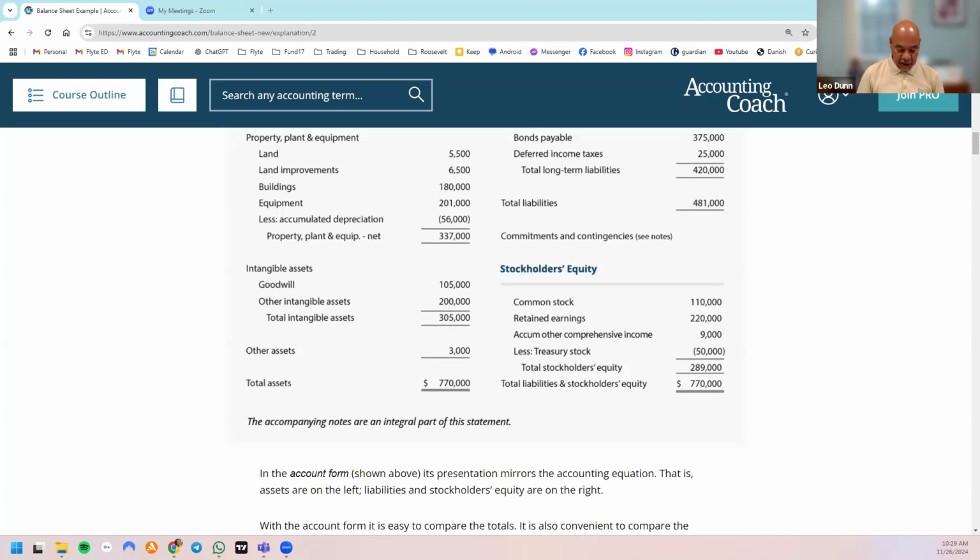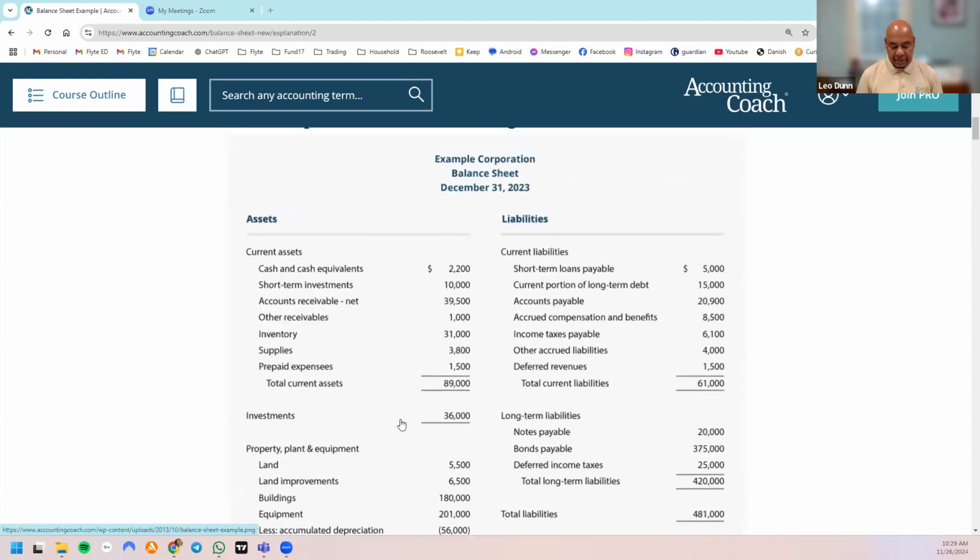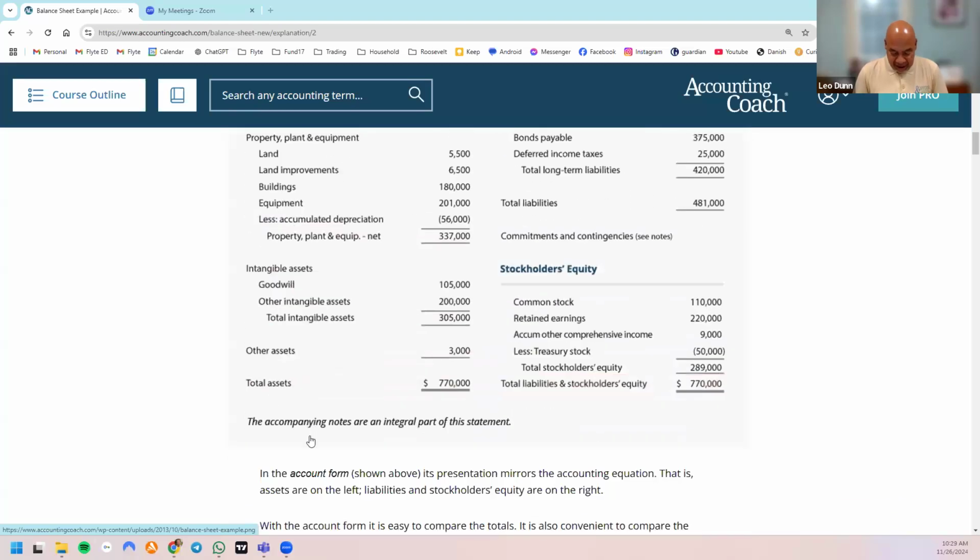Any further questions on intangible assets? Okay, so other assets. Other assets would basically be anything else of value owned by your business that does not fit into any of the categories we talked about before.